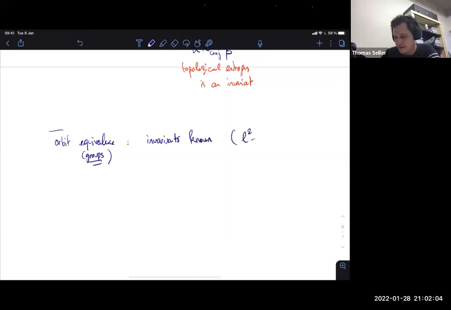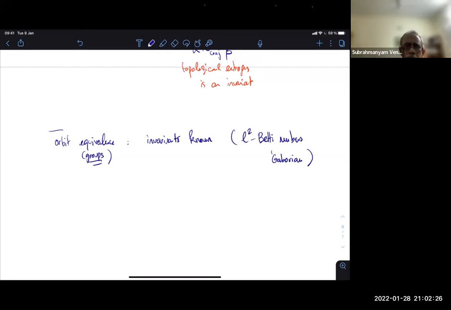For instance, there are the L2 Betti numbers, defined by Gabriel. I'm not sure you've seen L2 Betti numbers, but basically Betti numbers are the dimension of the homology groups. In some cases, these are infinite, and in the infinite case you cannot separate manifolds in this way.